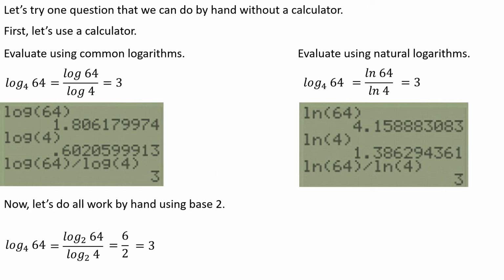If you like to use log, go ahead and use log. If you like to use natural log, use natural log. If you're wild and crazy and you want to do it by hand, sometimes it's not possible because sometimes you just have a number that doesn't work well with a base. But we can use any base we want. The ratio will be the same.